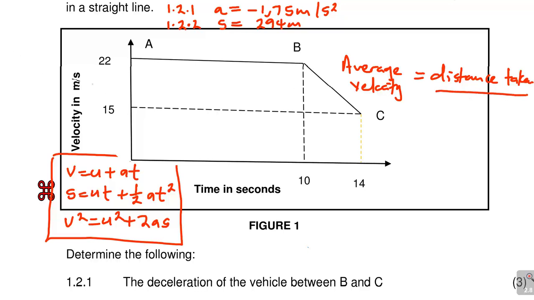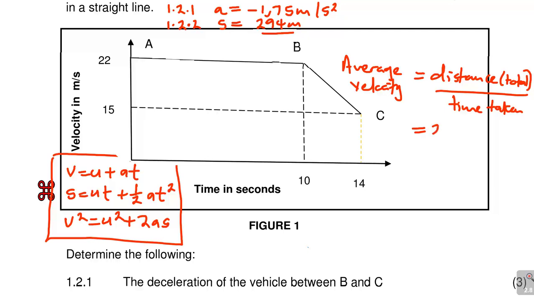I mean total distance over time taken. Here I say distance taken, but it's distance as in total distance. I'll put total distance. So it's total distance over time taken.